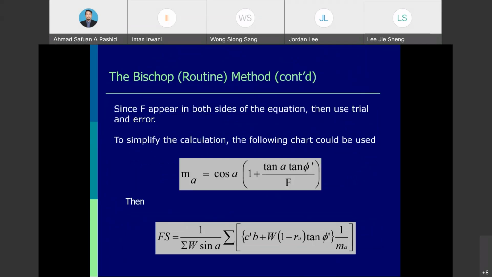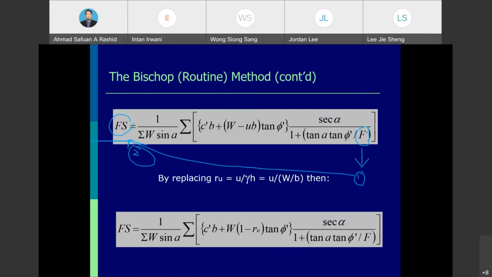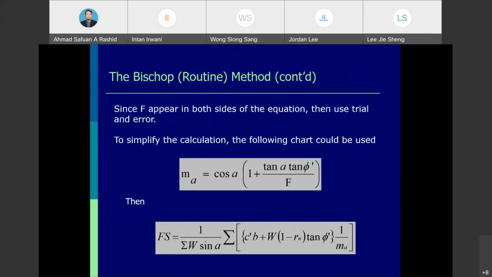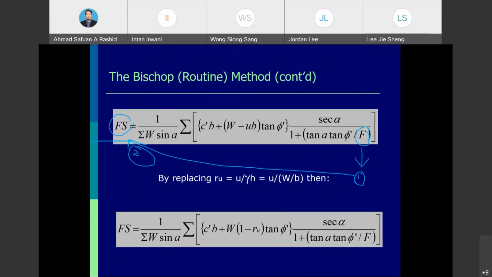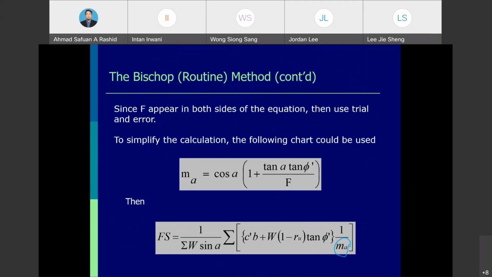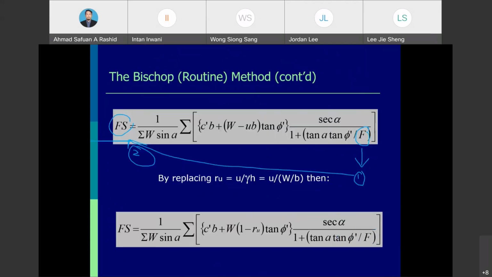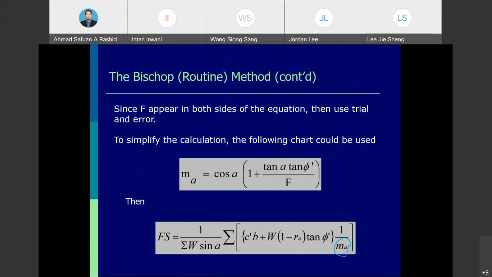So this is the MA. Actually the equation is very long, so it has been simplified by putting 1 over MA, and then it becomes this MA.